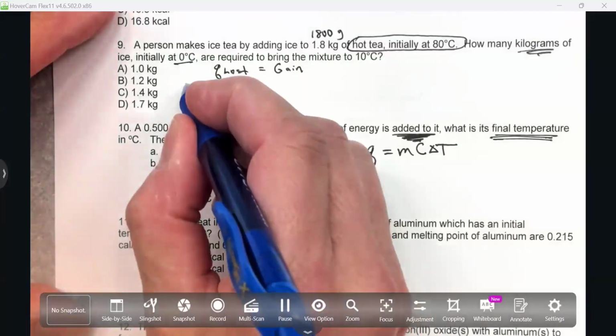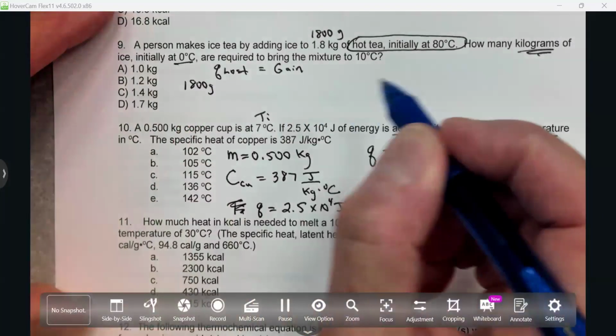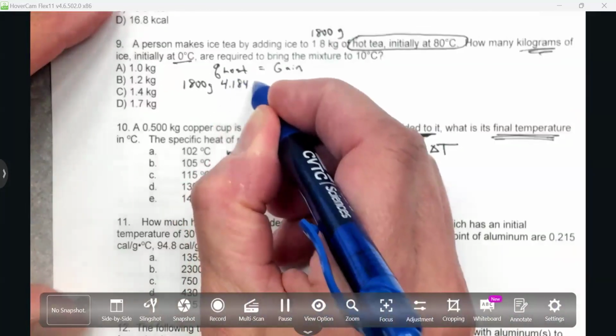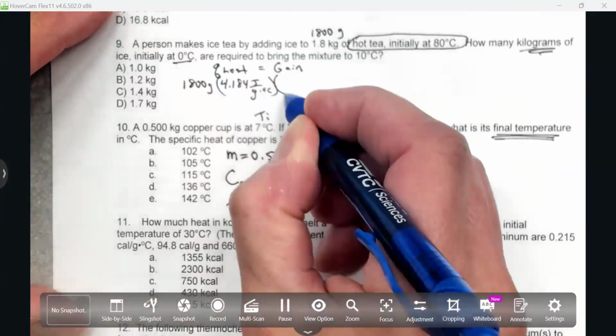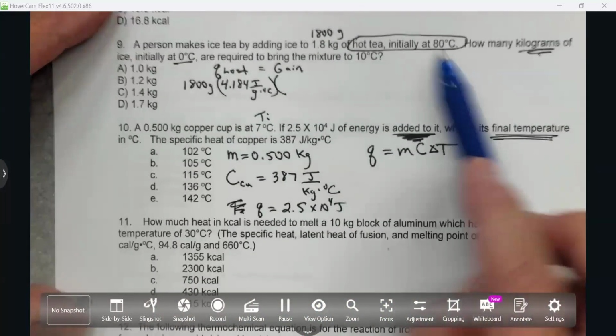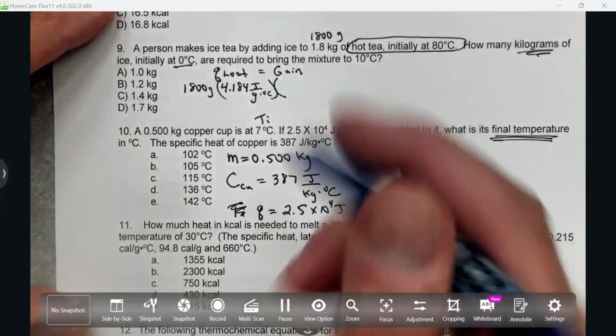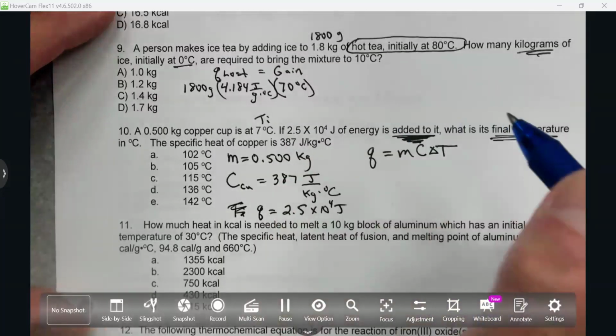The 1,800 grams times the specific heat of 4.184 joules per gram degrees Celsius. It's going to bring it from 80 down to 10. It's going to end up at 10. We know that's going to change by 70 degrees Celsius.